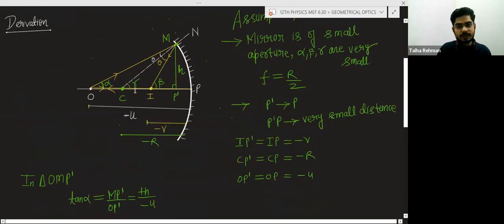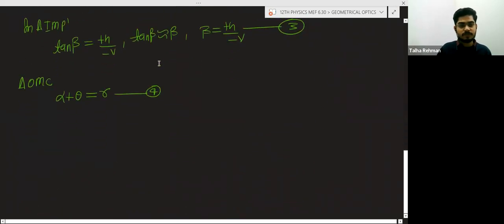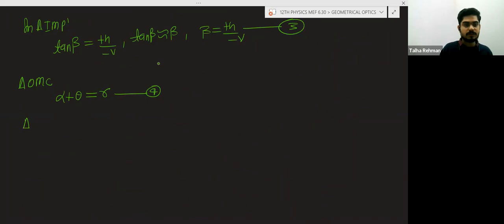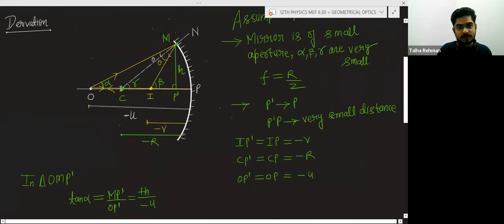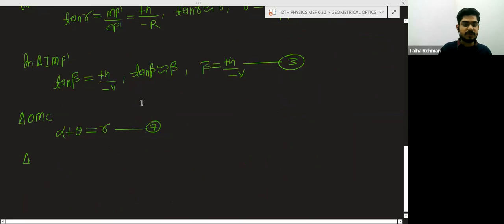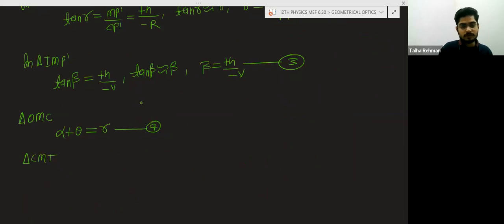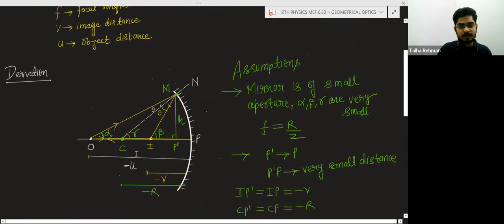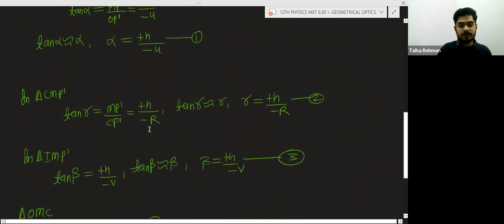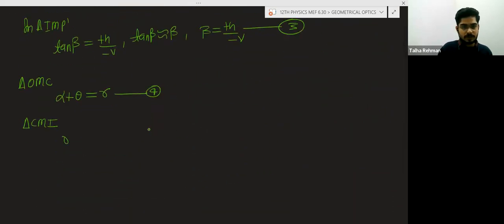Now see this triangle CMI. For triangle CMI, beta is the exterior angle, and gamma and theta are the interior angles. So we can write gamma plus theta is equal to beta.